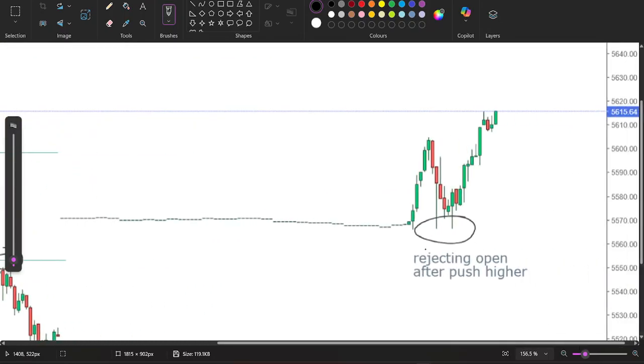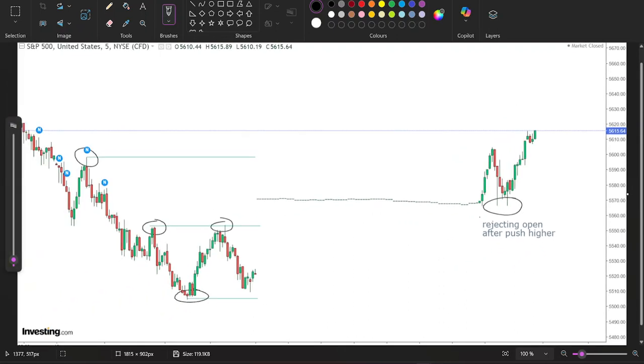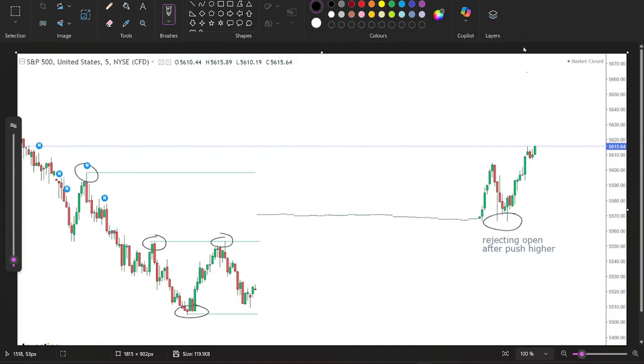Nice rejecting the open after push higher. So pin, boom. Instant long here, right? Instant long with a stop somewhere here, maybe not. Stop here, maybe yes. On the other side of the gap, probably, right? And for a push higher. So that's pretty much the idea for this thing.